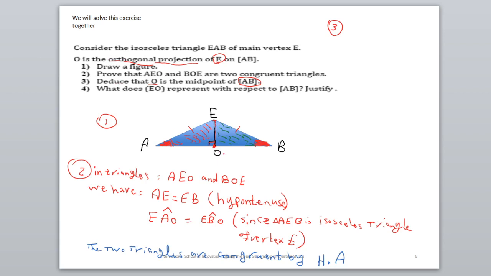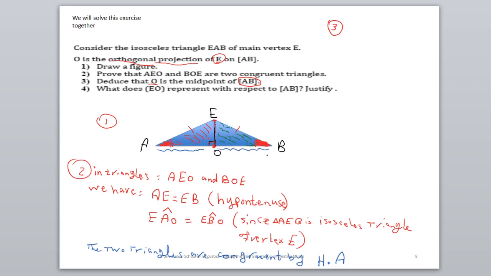How could we prove? What do you mean by midpoint first? It means that it's in the middle of AB, it divides AB into two equal sides. Those sides are AO, which is this one, and OB, which is this one.